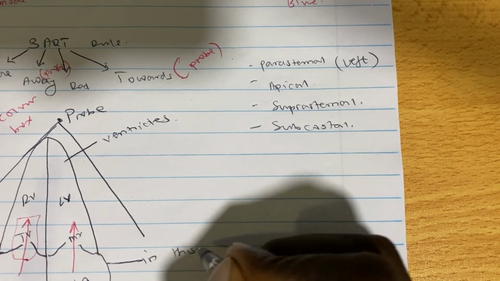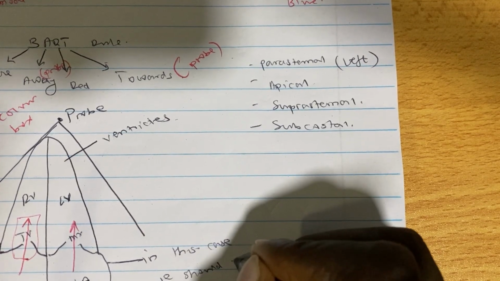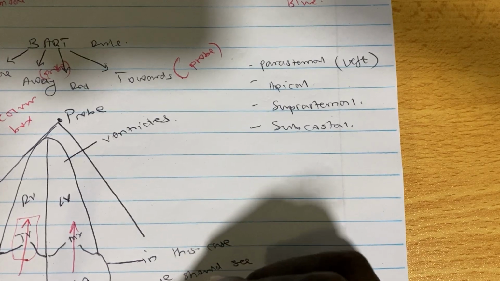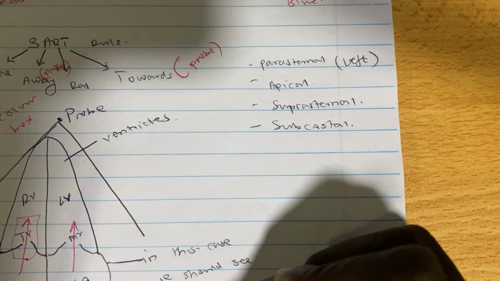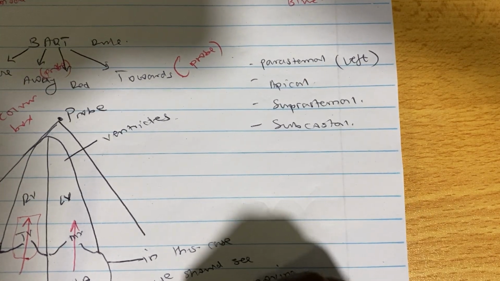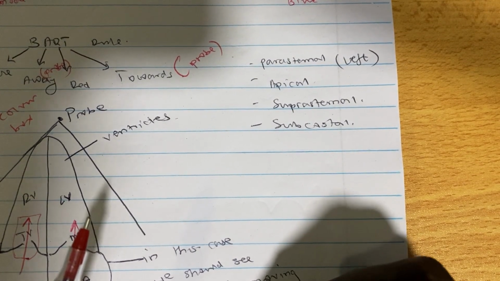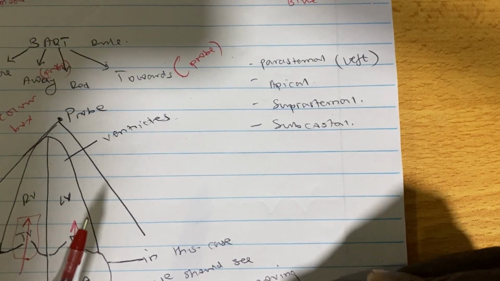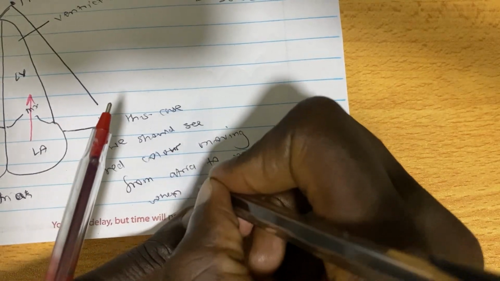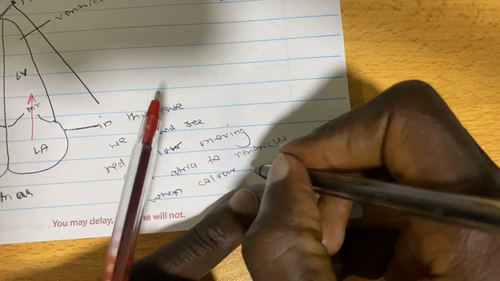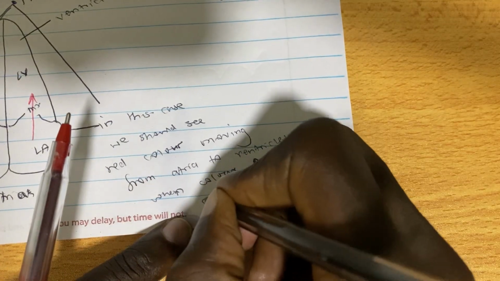In this case, we should see red color moving from atria to ventricles when color Doppler is applied.